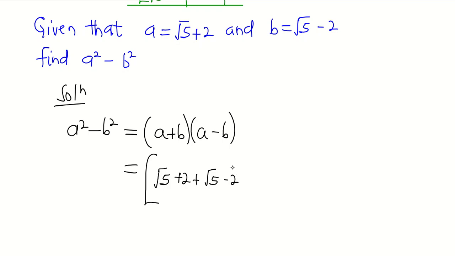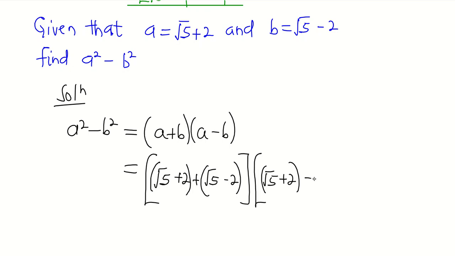Now we can put them in brackets in order not to create any confusion. So we have this in bracket and that in bracket, this in bracket and that in bracket. That's a and b. Now this is being multiplied by, now our a here is square root of 5 plus 2 in brackets, and the b is giving us minus square root of 5 minus 2, also in another bracket.